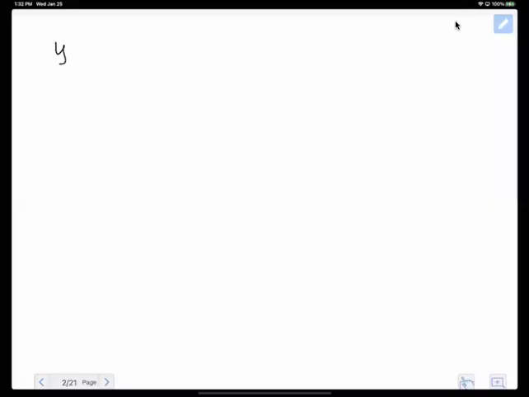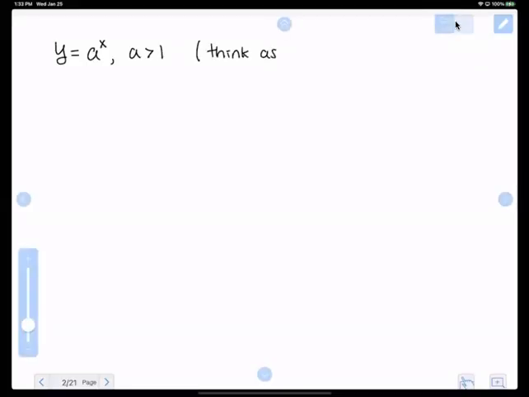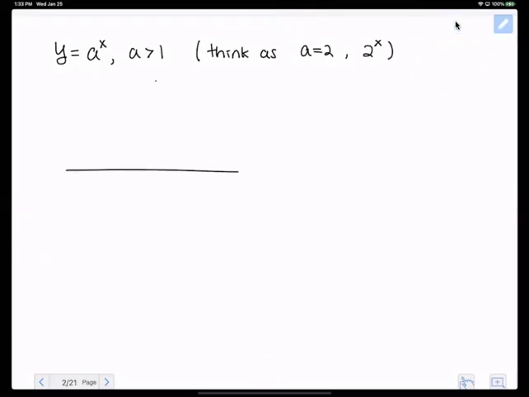y equals a to the x, where a is greater than 1. So you can think of a equal to 2, something like 2 to the x. Let's draw this.